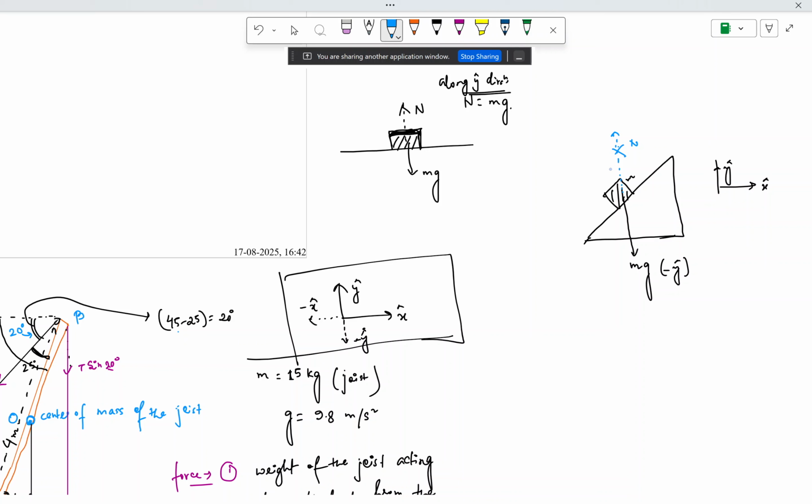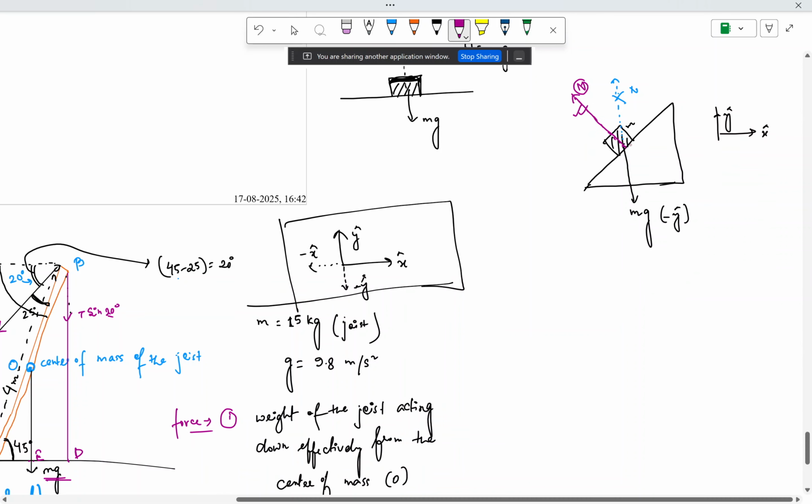Rather, what I am drawing now with this purple colored line is the actual direction of your contact force, which is N. This is correct, and this blue was the wrong line. Why is it acting like this? Because the touch point is here.